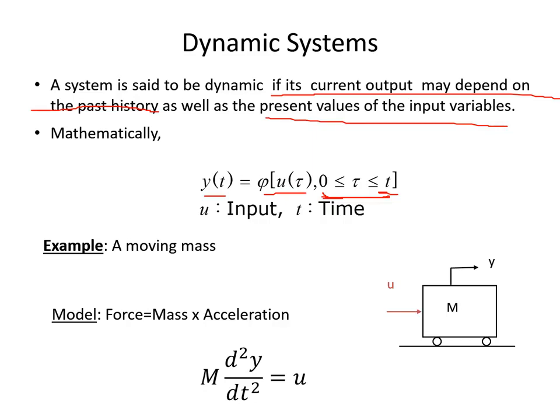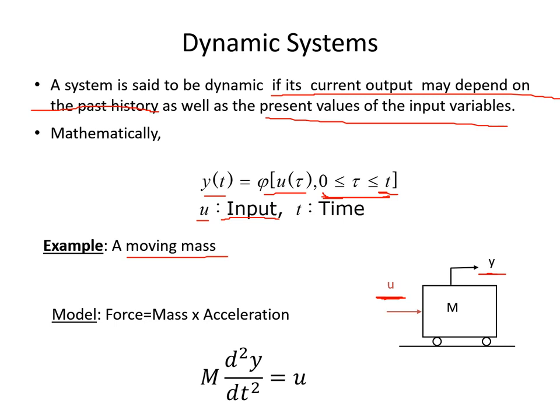Note also that u is again used as the input to the system. A good example of a dynamical system is a moving mass. If a block of mass experiences some input force, the input u in this example will be force and the output is taken as displacement.